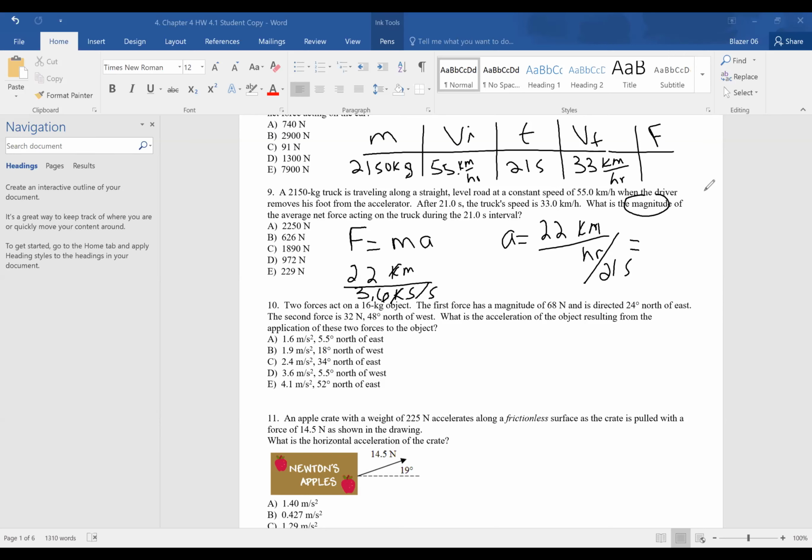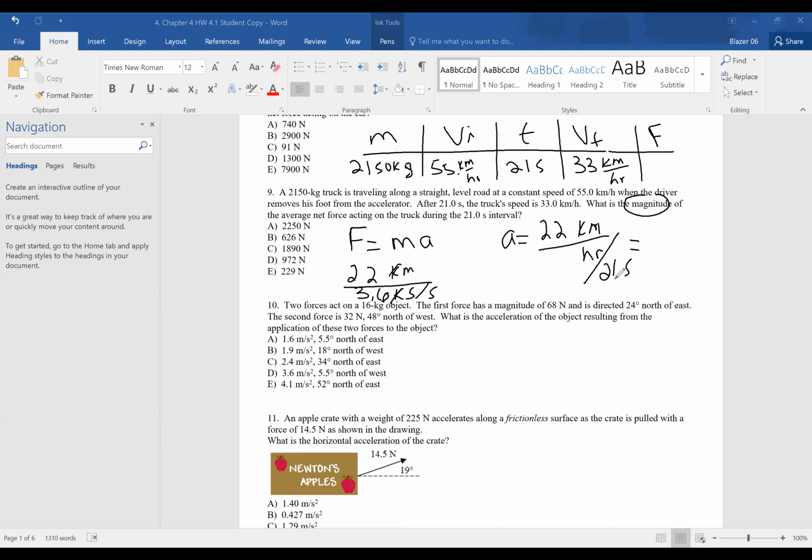Okay, so what we're doing, class, is we're looking for the force. The mass is given here. Acceleration, we have to find it here. So we have 22, but that's in kilometers per hour. So first we divide 22 by 3.6. Once we get that answer, we divide that by 21.